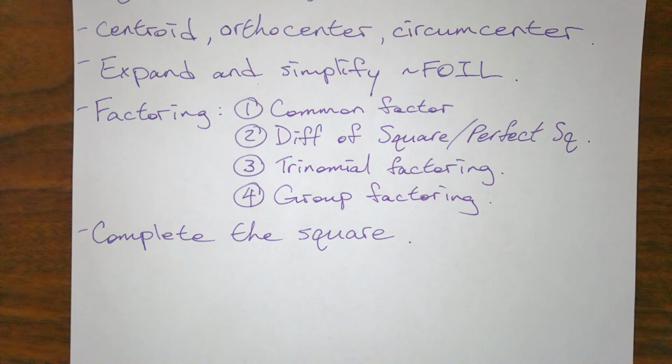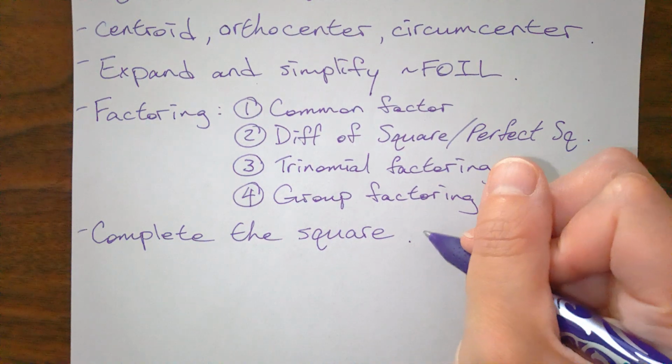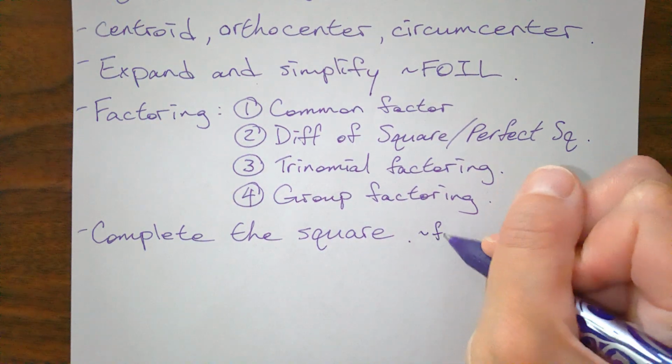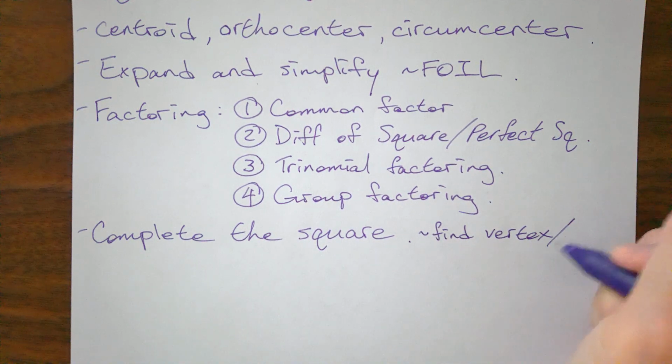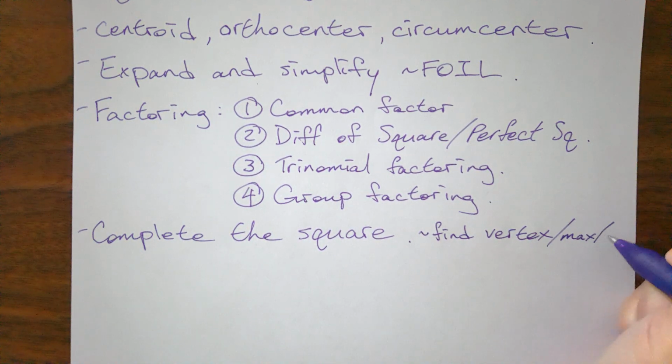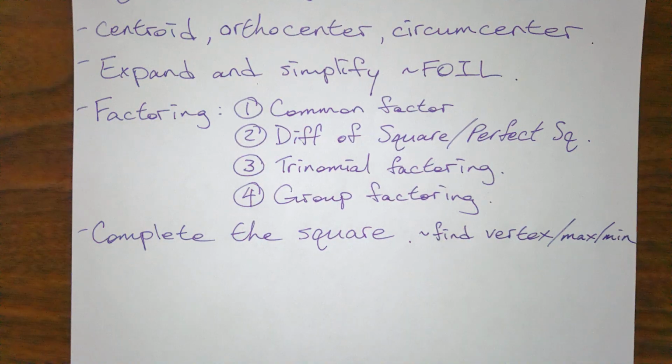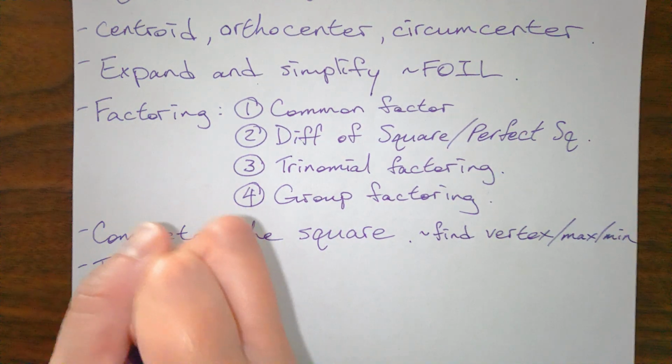Alright, quadratic formula we talked about. When do we do complete the square? When you find the vertex. When you want to find vertex, max, or min. Okay. Transformations.